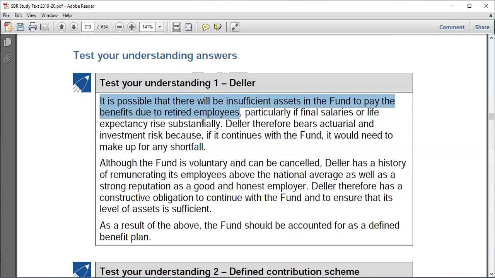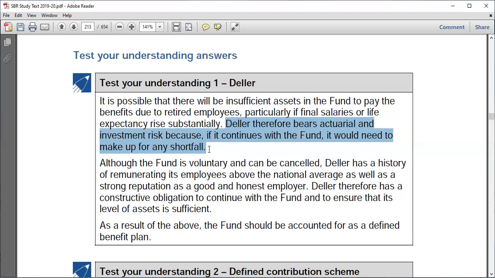So if it includes inflation, the amount to be paid could have risen much more while assets could not be sufficient. But now you say that Della therefore bears actuarial and investment risk because if it continues with the fund, it would need to make up for any shortfall.